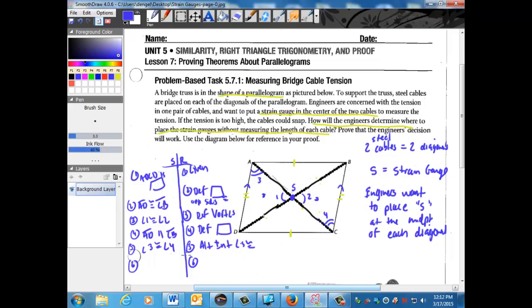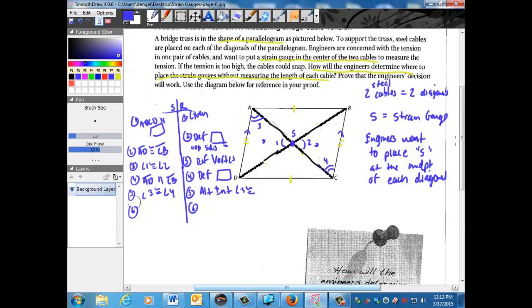Then statement 6, now what we have here is angle, angle, side, angle, angle, side. So I can say that triangle ASD is congruent and equal to triangle CSB. And that's because of angle, angle, side. All right, then statement 7, I can say that by CPCTC, AS, and let's put, I guess, 3 marks here.